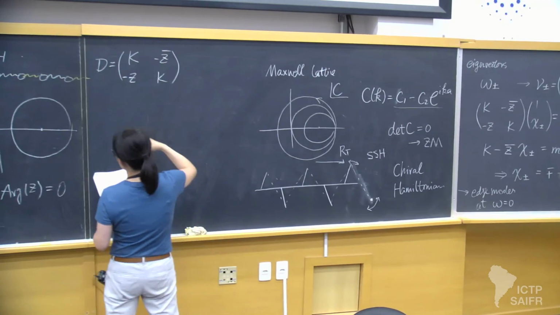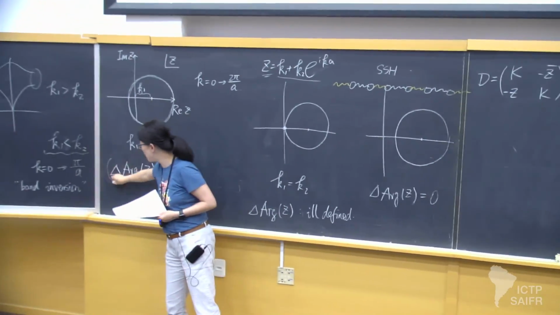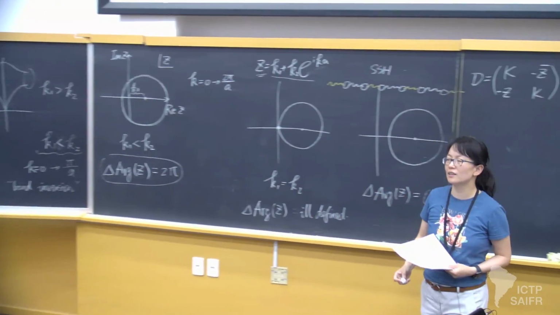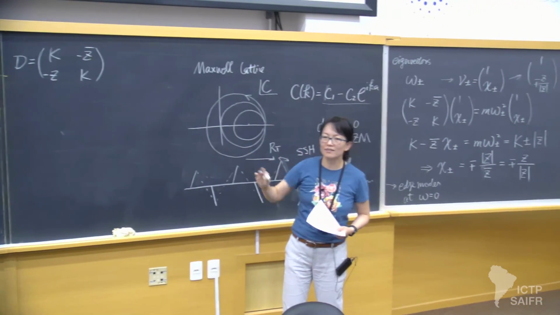So how do we see that it has to do with the phase winding of Z? But mathematically, how do we write that into a nice integer using the wave functions?